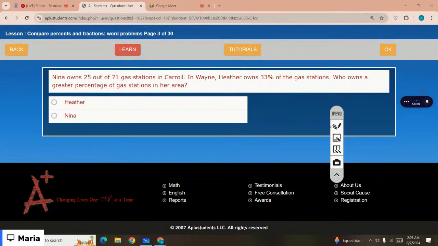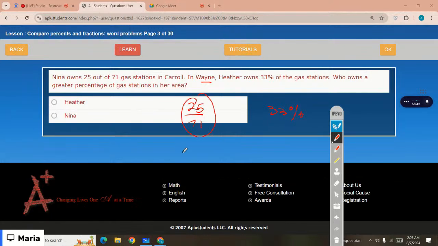Okay, so Nina owns 25 out of 71, and in Wayne, Heather owns 33%. You have to see who owns a greater percentage. So, you need to convert 25 by 71 into percentage form. Simply divide them and multiply by 100.